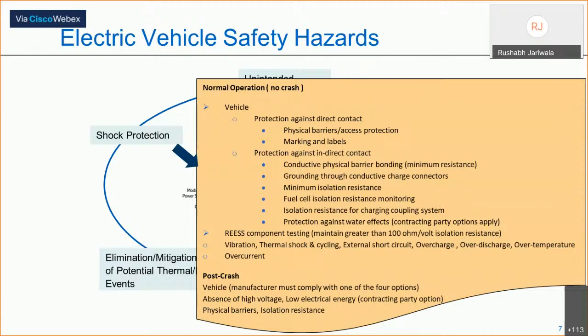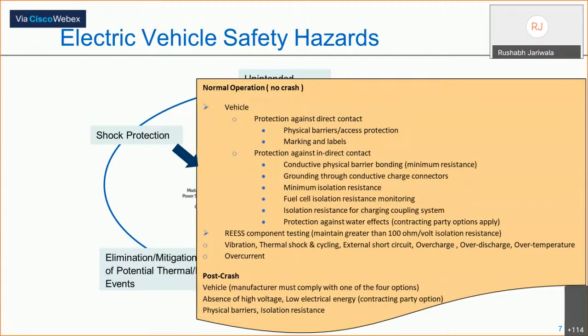Okay, and then the other thing is protection against direct contact. Within the vehicle, there are so many bus bars running, which typically carry current in the range of 1000 amperes.